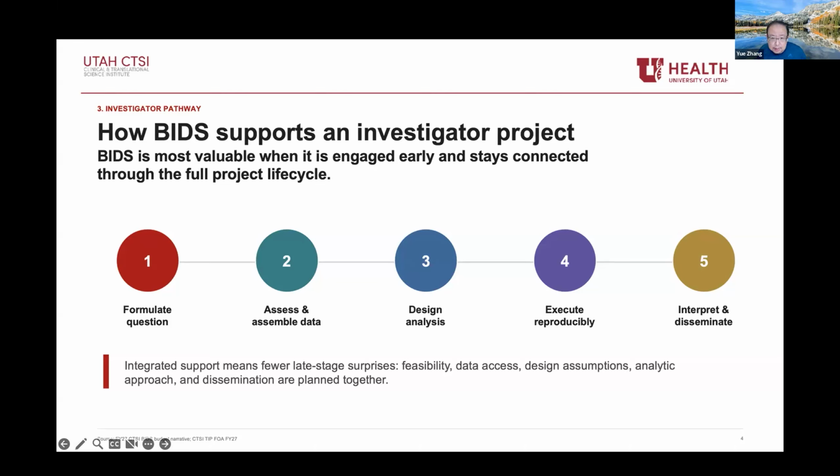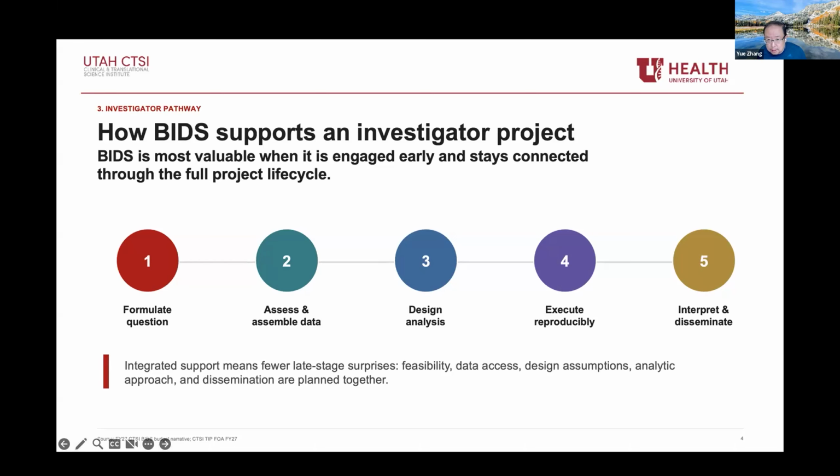The second step is accessing and assembling the data. This might involve identifying data sources, evaluating data quality, understanding missingness, defining variables, or determining whether real-world data can answer the question of interest.